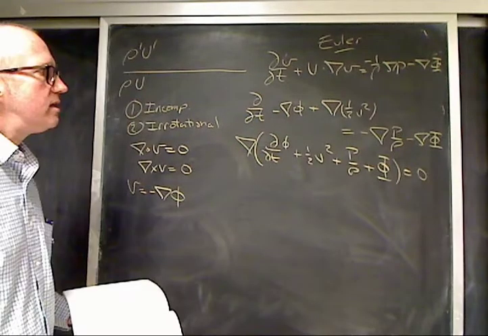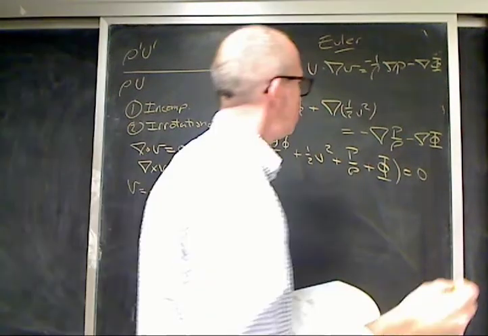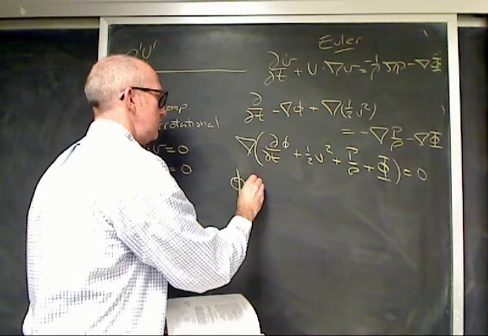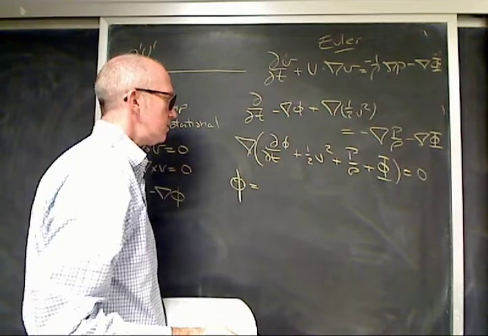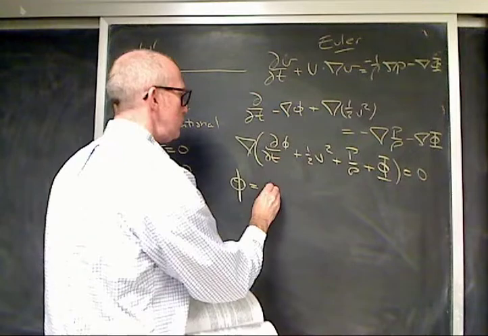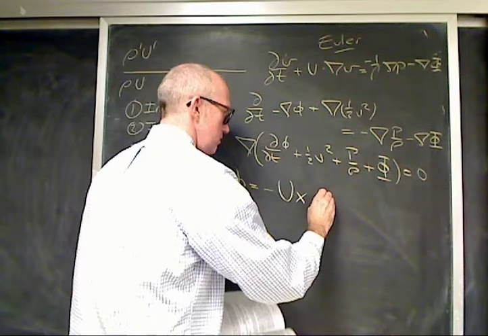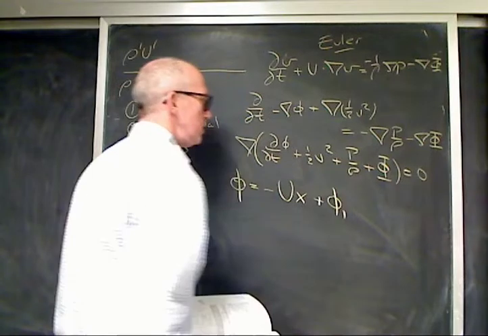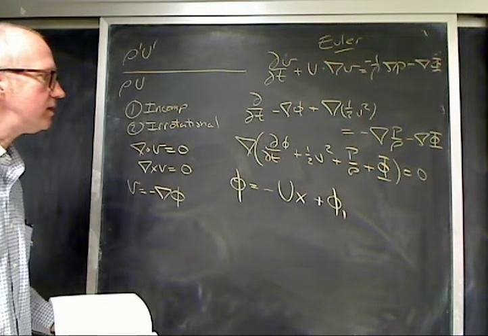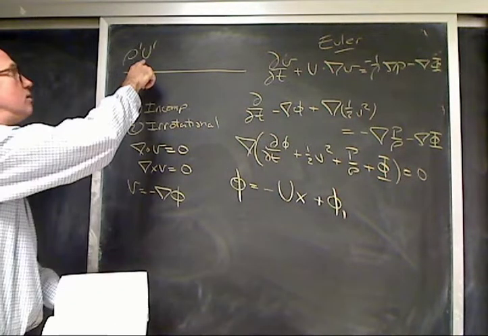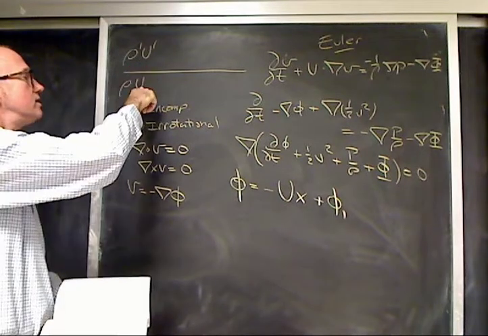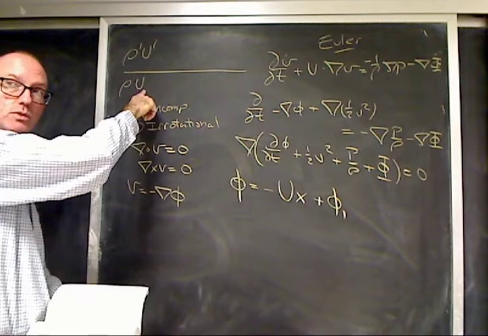So now, fact 1. The potential has got to equal minus u x plus my perturbation. So my background potential is some big velocity u at the top and some big velocity u at the bottom.